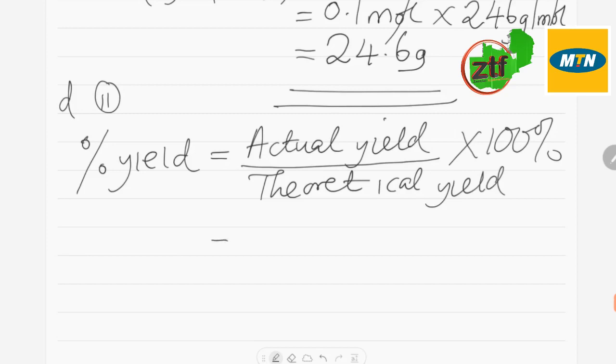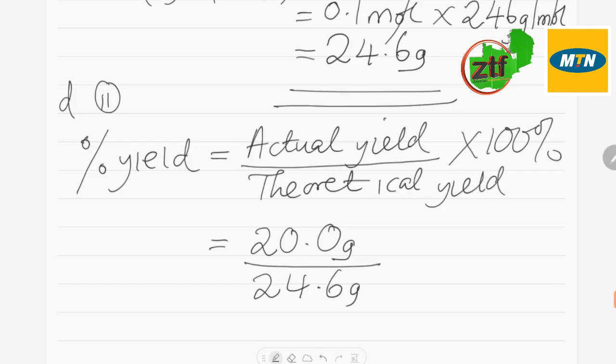So the actual yield in this case has been given as 20.0 grams divided by the theoretical yield, which we just calculated, which is 24.6 grams times 100%.